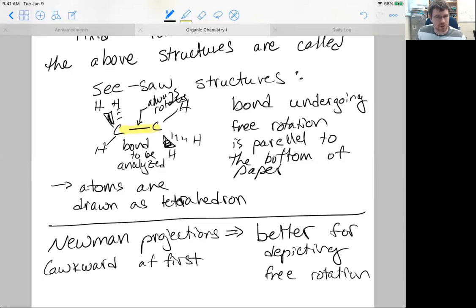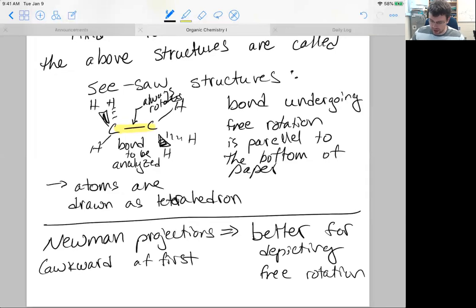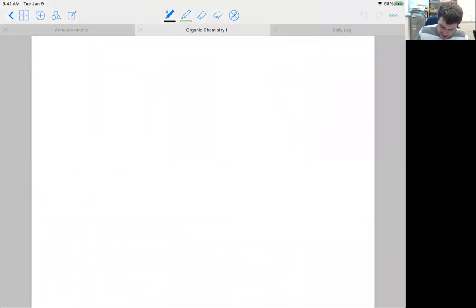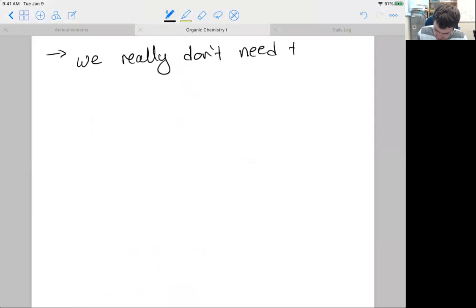Okay, here's what we need to recognize when we're looking at conformational isomers. In truth, I didn't even need to write that phrase. We really don't need to see the carbon atoms. Wait, what? An organic chemistry professor saying this? But it's sort of true.